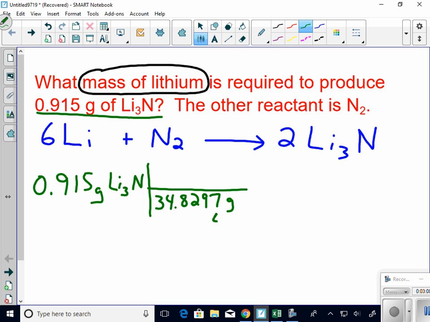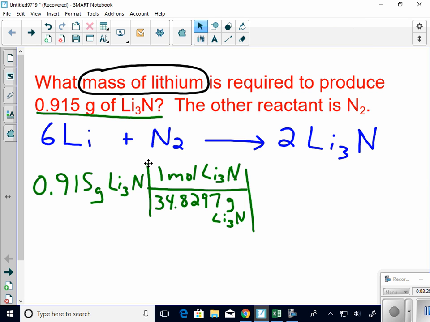34.8297 grams of lithium nitride. Okay, is my number right there? 34.8297. Okay. Now, key point here, folks. A key point, and this is where I see a lot of mistakes, with this top part right here.